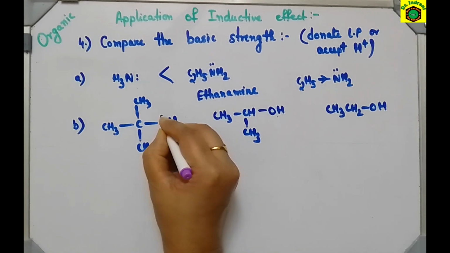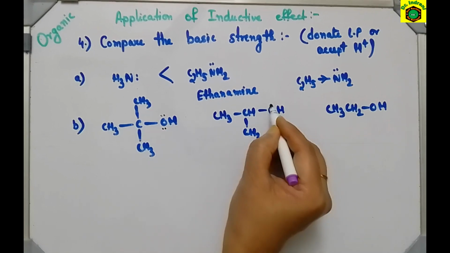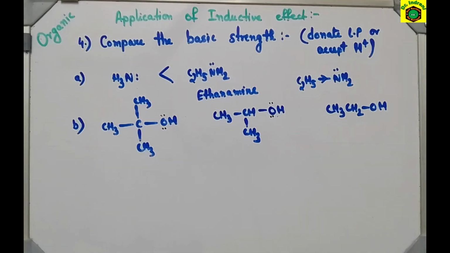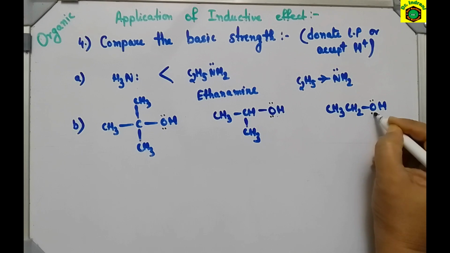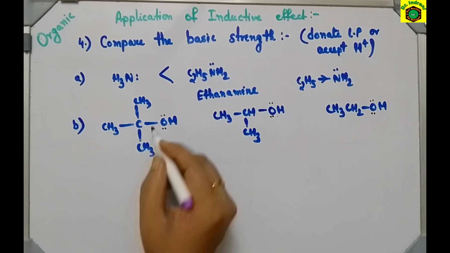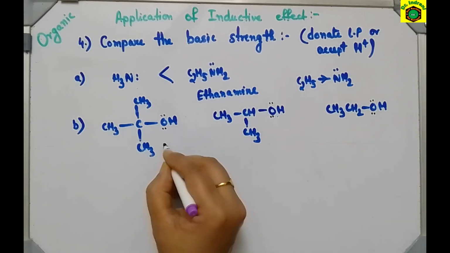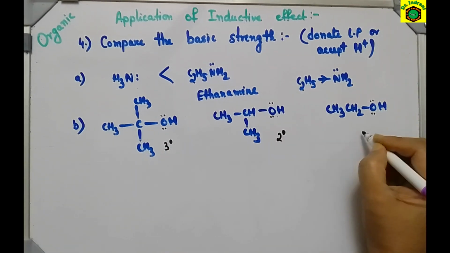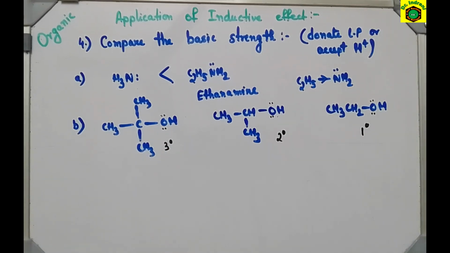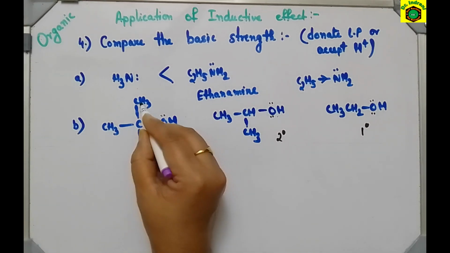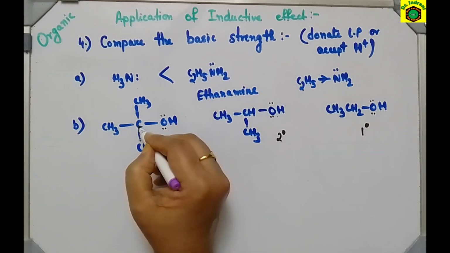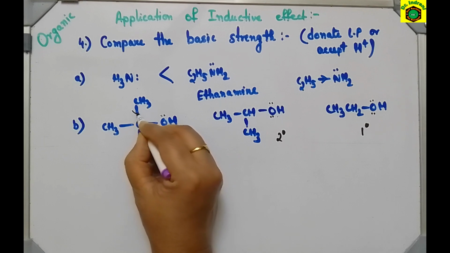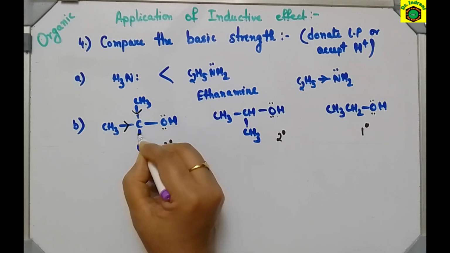Now see, oxygen is having lone pair. This lone pair it can donate. Now see, here this is tertiary alcohol, this is secondary alcohol, this is primary alcohol. Here 3 CH3 groups are there with this carbon, so they are having plus I effect.